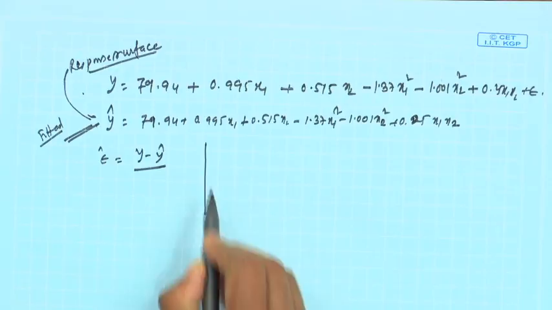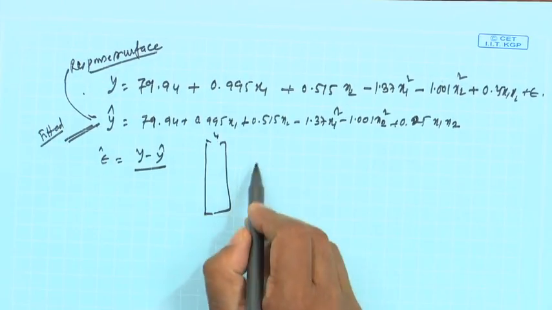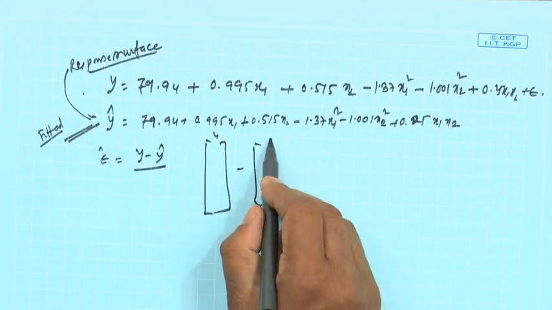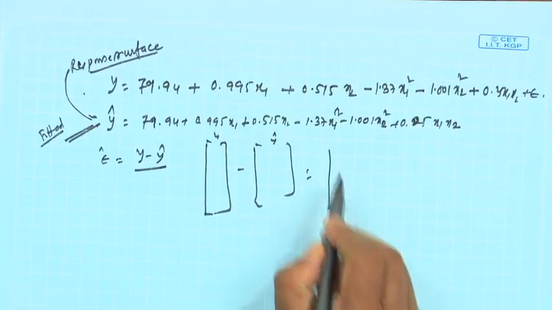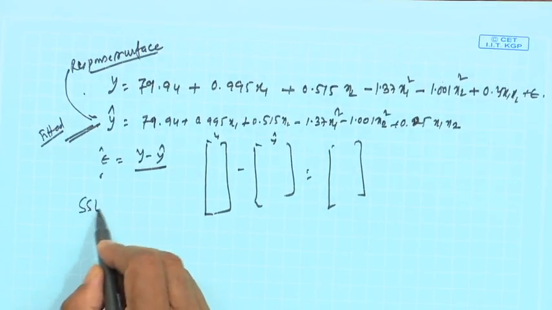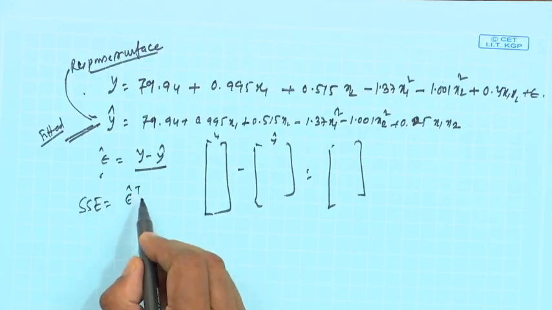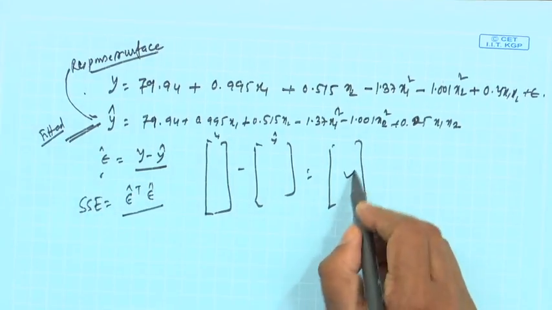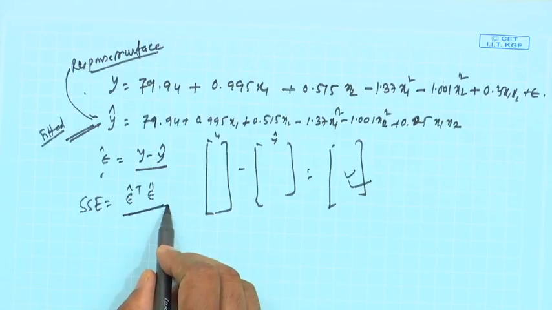That means you have 13 observations for y minus 13 observations for y cap, and it will give you the 13 epsilon cap values. Then you find SSE, which is epsilon cap transpose epsilon cap. So, it will give you SSE.